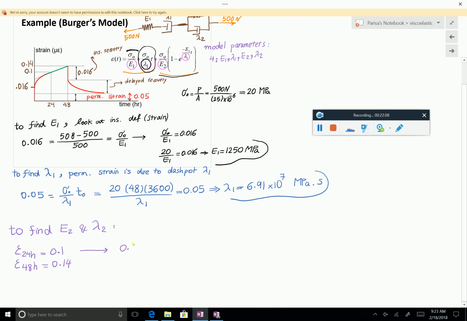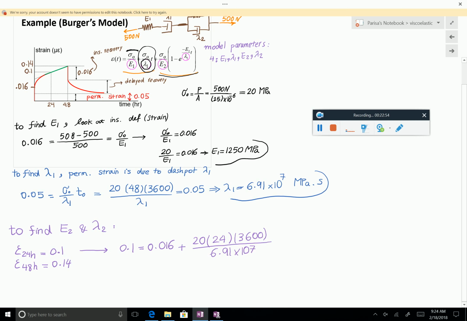So 0.1 is equal to the initial instantaneous strain 0.016 plus the dashpot, which is 20 times 24, 3600, and we already know how much is the lambda 1, so that makes things easier.